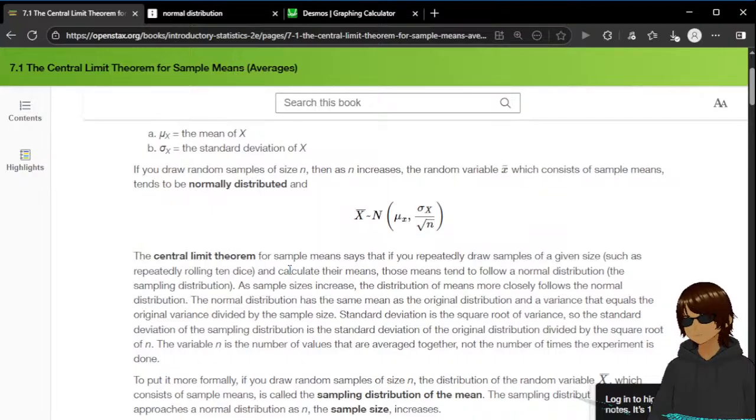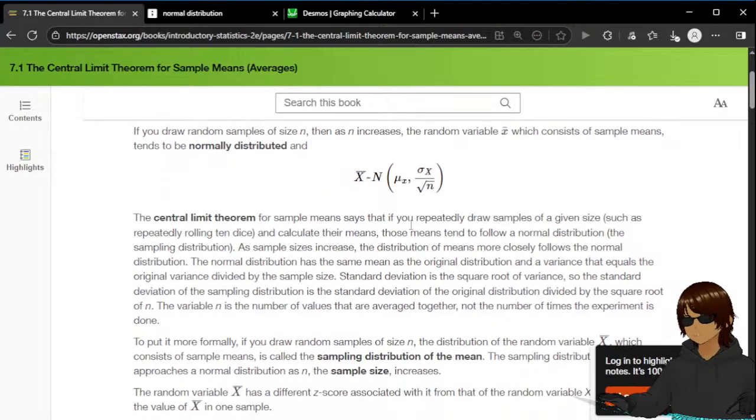Okay, so n is the number of items in our sample.